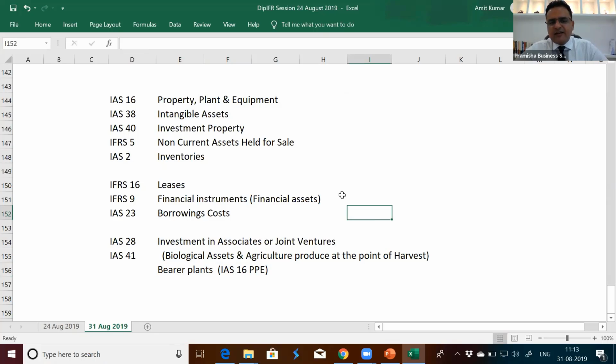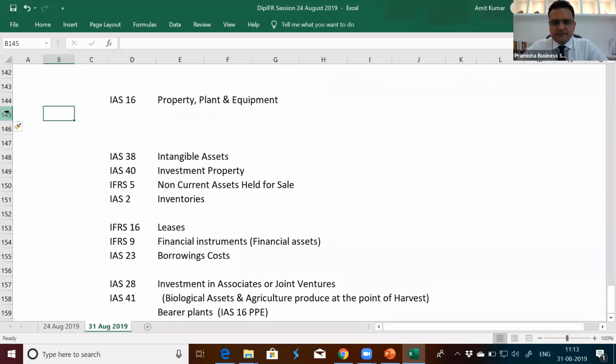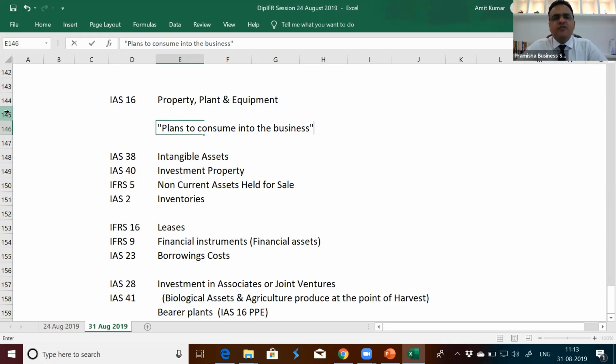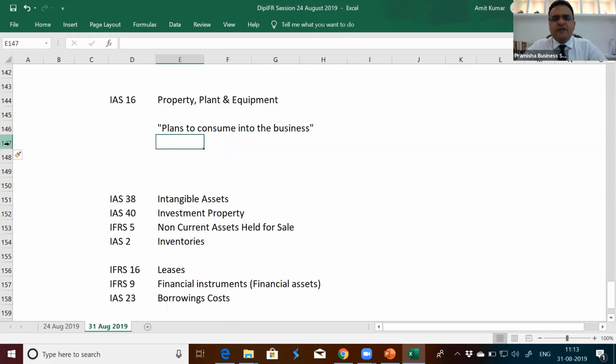The reason for asking is that I wish to build up the relationship between them, that how and what triggers the measurement and recognition of an asset. So if there is a property, plant and equipment which the management plans to consume into the business, it will also result in spreading the cost over all the years which benefit from it.